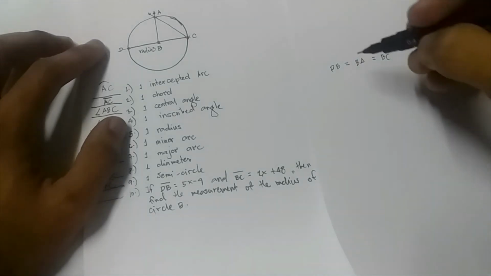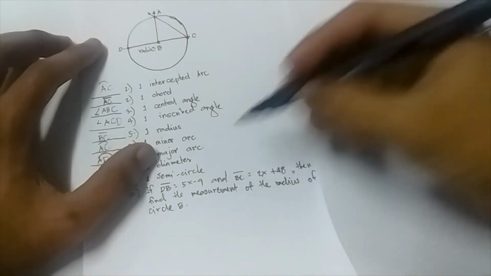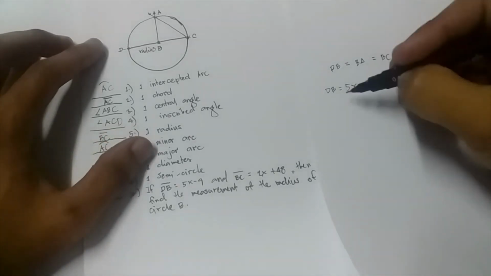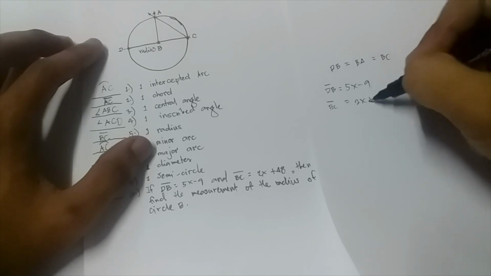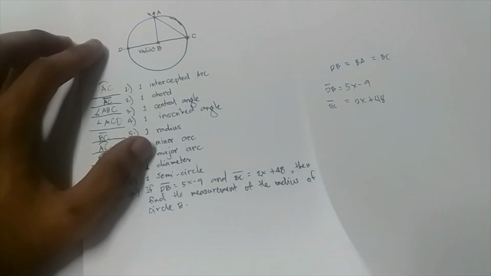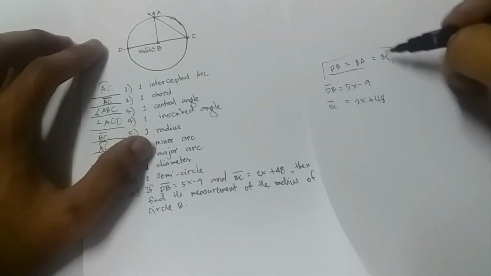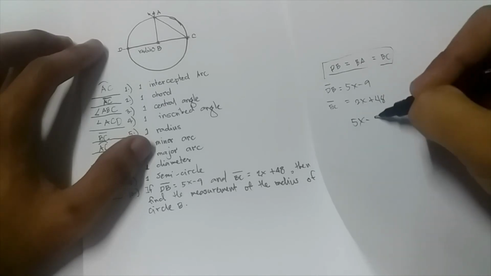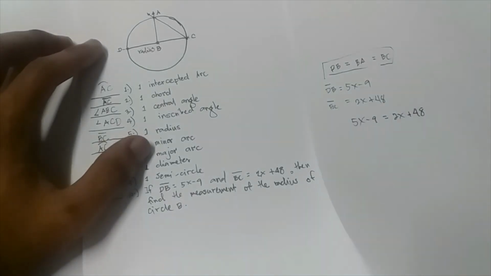So therefore, we know that DB is equivalent to, in the given problem, 5x minus 9, and segment BC is equivalent to 2x plus 48. To solve this one, we will use the fact that they are equal, right? So 5x minus 9 is equal to 2x plus 48, right?